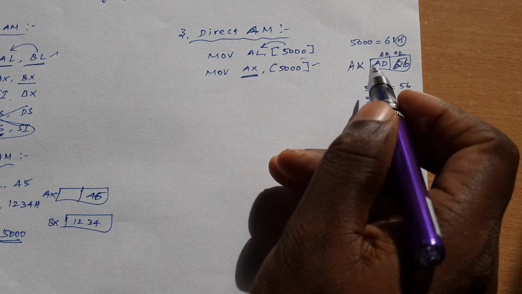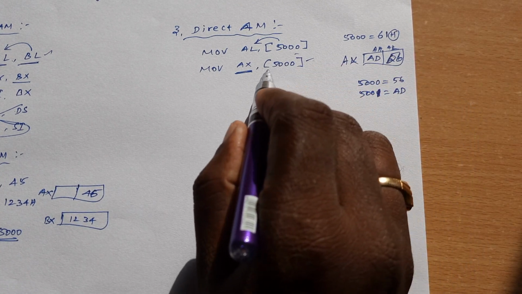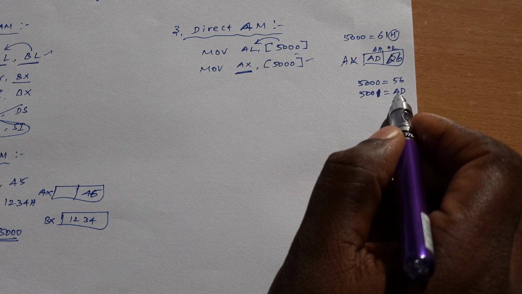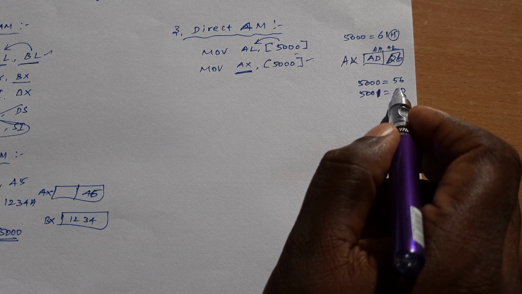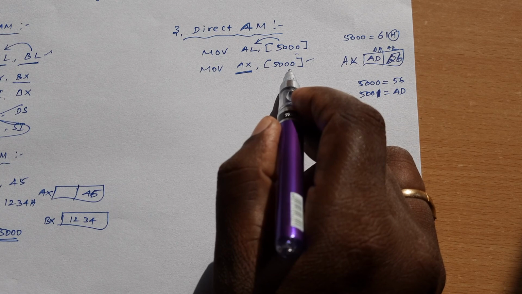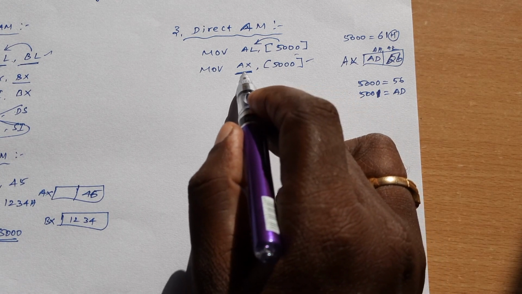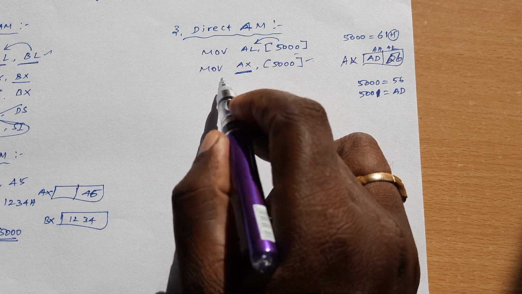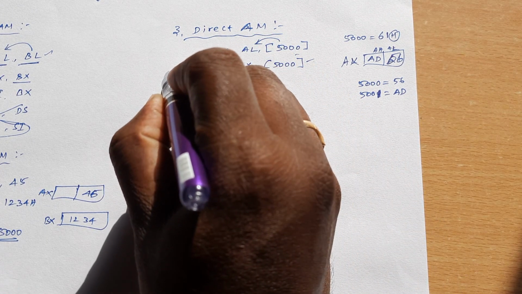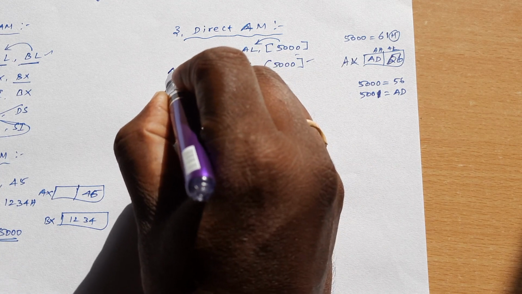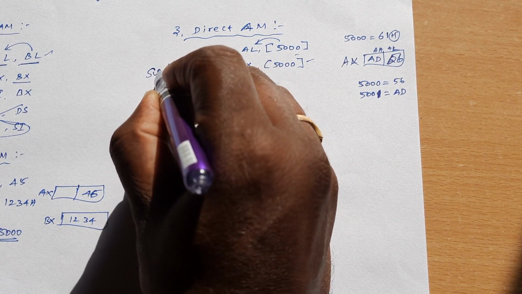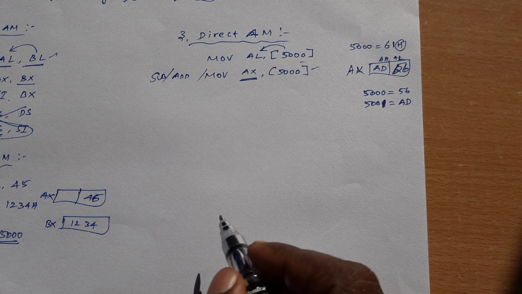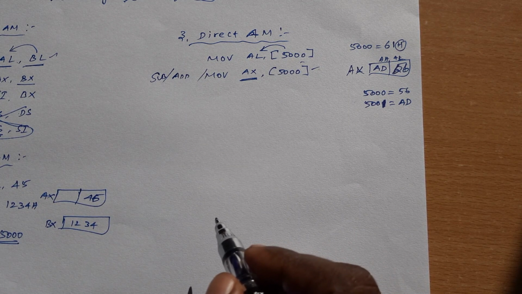So definitely two locations are required. 5001 we are not specifying in this instruction, so automatically it is moved 5000 as well as 5001, two consecutive locations from the offset address we point out are moved to the register which we given as a destination. Not only data transfer operations, we can have any arithmetic or logic operations also. Say an example, add or subtract, anything is possible. And this is actually called direct addressing mode.